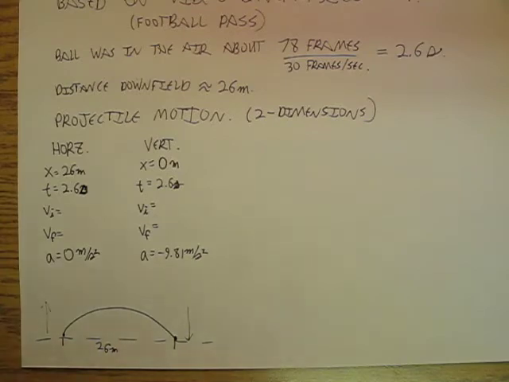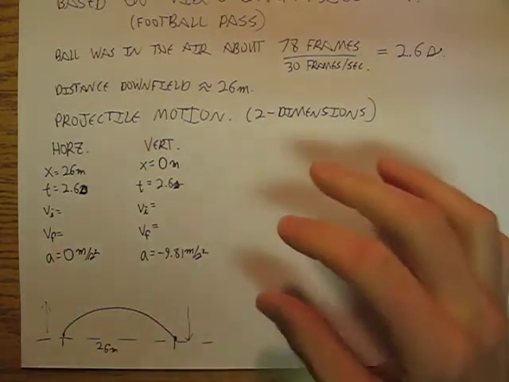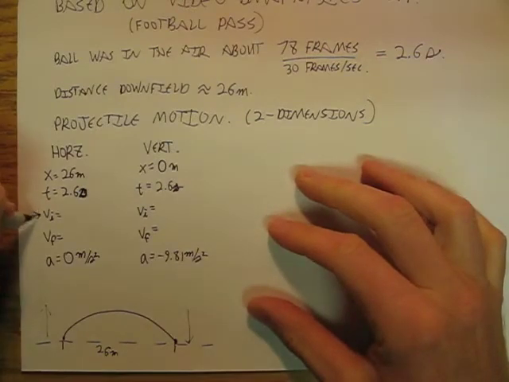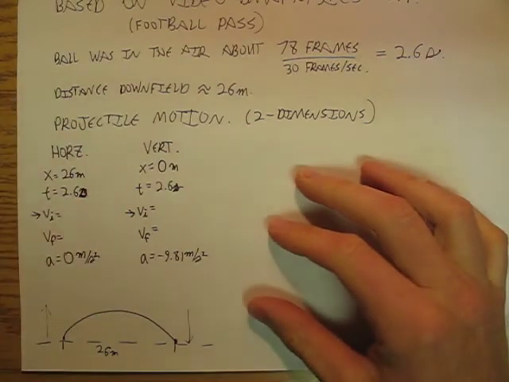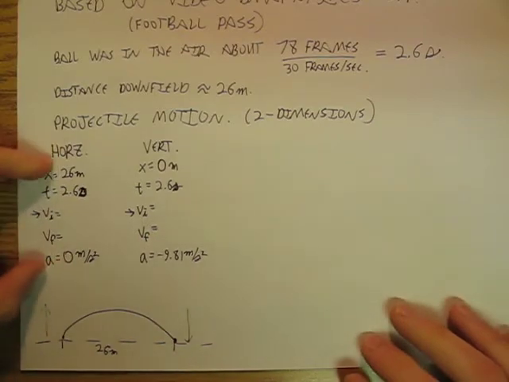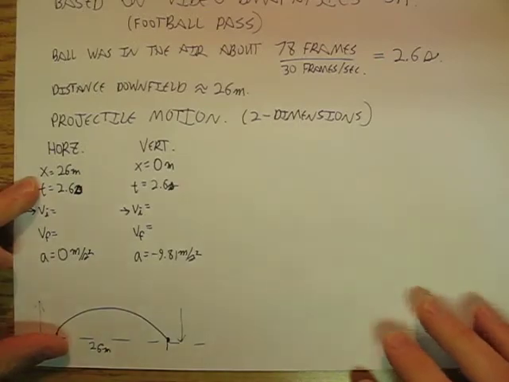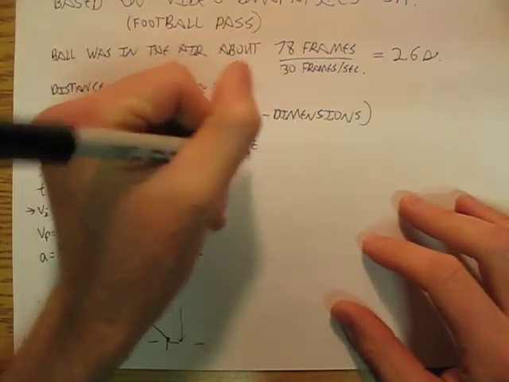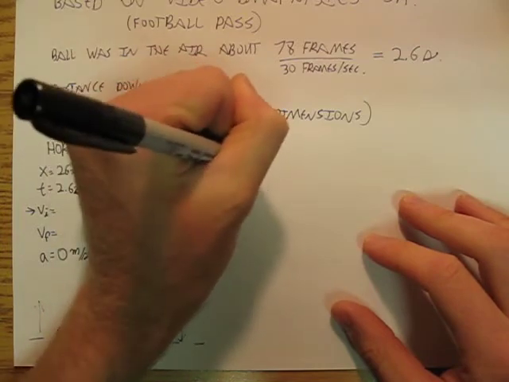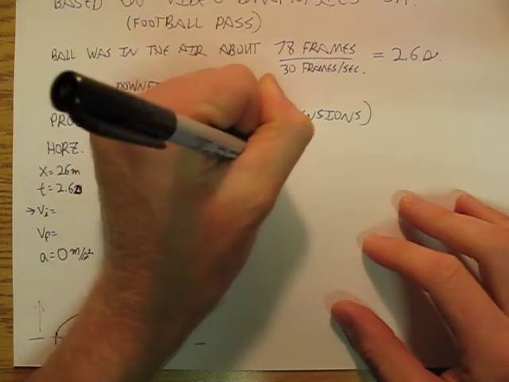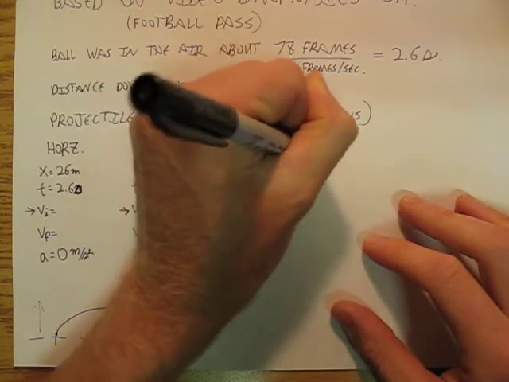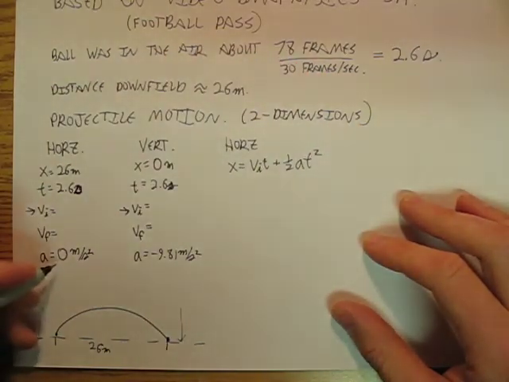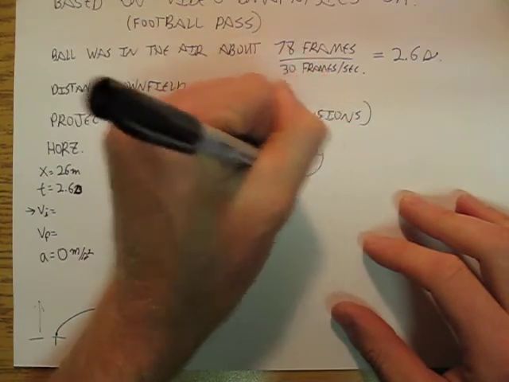Okay, so now I can fill in what I'm going to fill in right now. So this is pretty easy, and the horizontal is not so bad. I have x equals VIT plus 1/2 AT squared, but my A is 0.